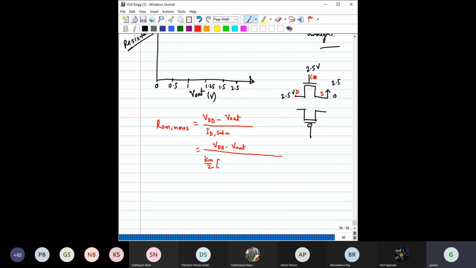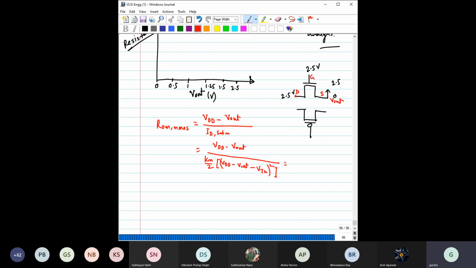VGS is basically VDD minus V out, minus VTH here also, so this is VGS minus VTH, that square. Is it correct now? Yes, sir.